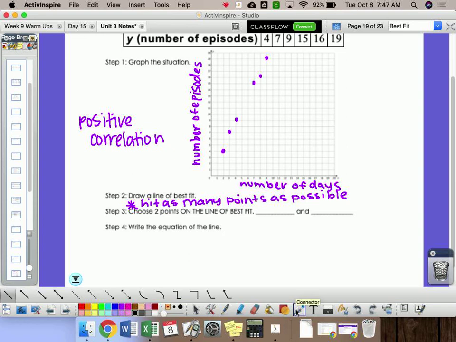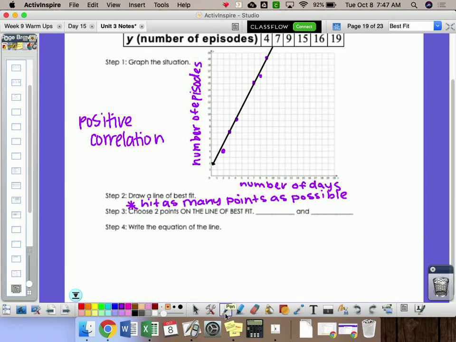If you have a straight edge, I know mine may be a little too small, but I'm going to try my best, and I might have to adjust. But it looks like I hit 4 out of my 6 points, which is pretty good. So try and graph that also on your paper.